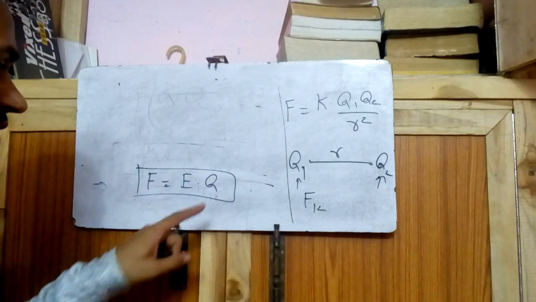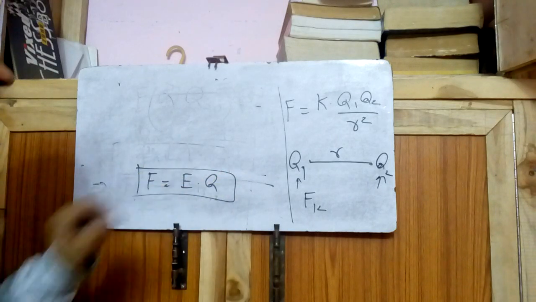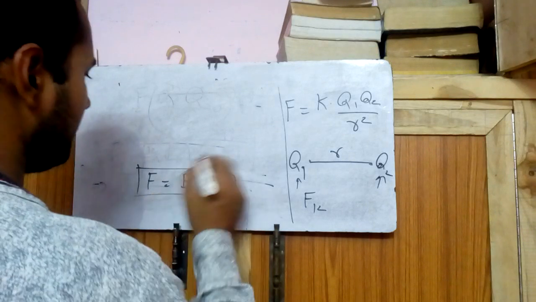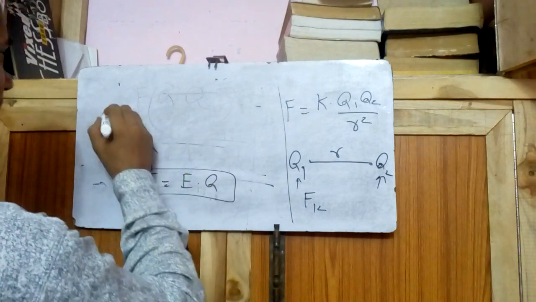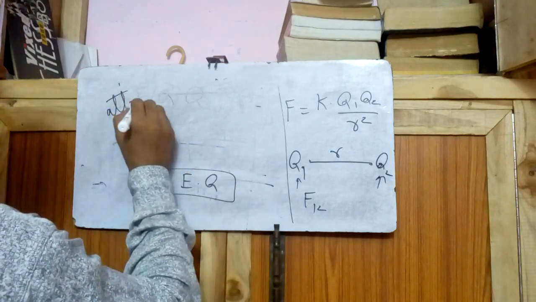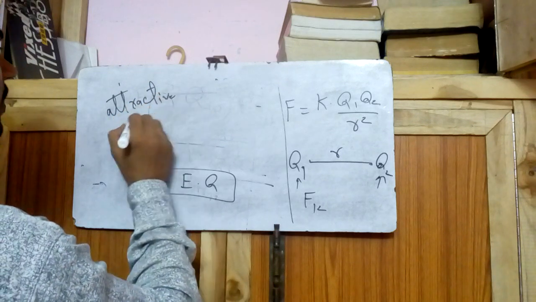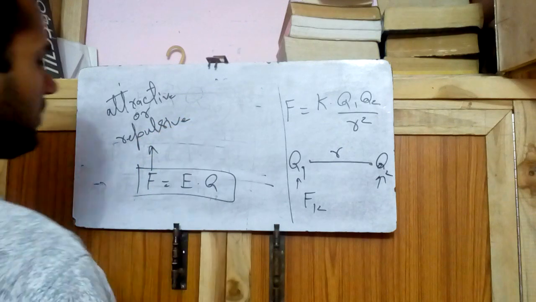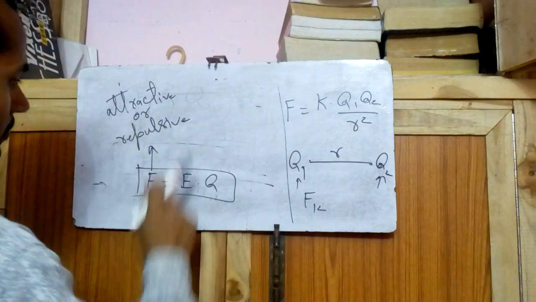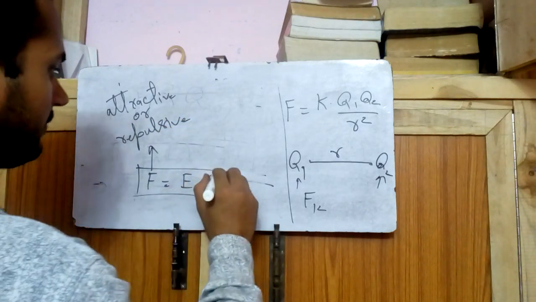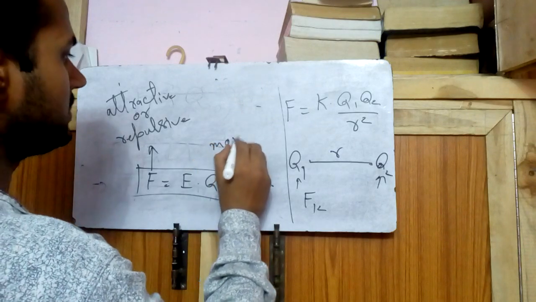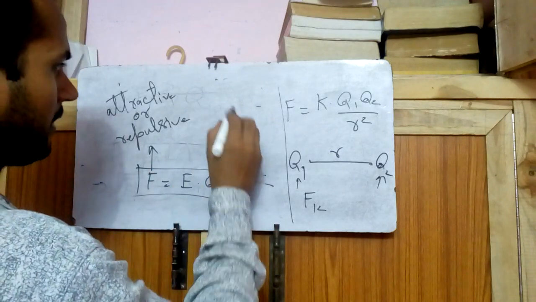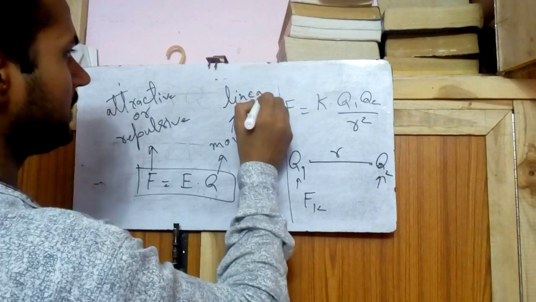From here we can say a charge will experience a force if it is placed in an electric field, and this force will be either attractive or repulsive. Because of this force it will start to move if it is free, and the path will be a linear path.